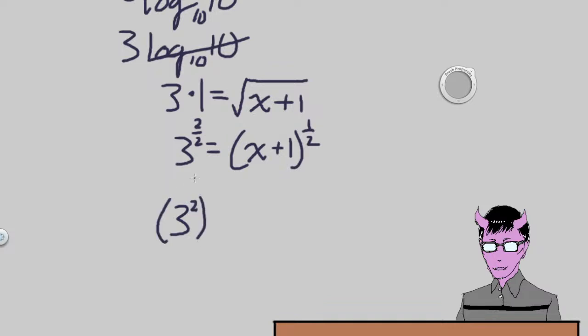Now we write parentheticals to make it more obvious what we're doing. So we took the 2 numerator for the exponent and distributed it to the 3, thereby getting 3 to the power of 2 in parentheses, to the power of 1/2. Which will match this one.